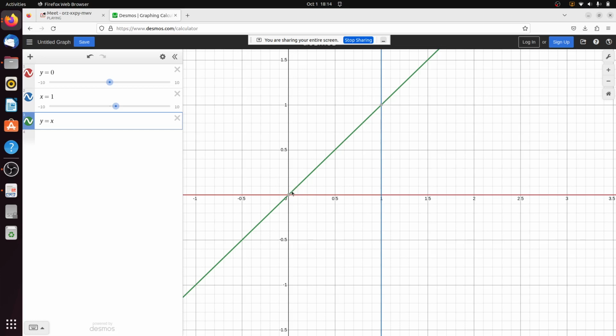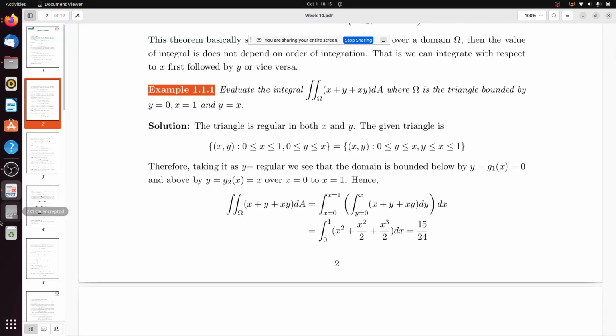The other procedure is y varies from 0 to 1 and x varies from y to 1, right? Y varies from 0 to 1, and x varies from y to 1. Now see how we can solve it.